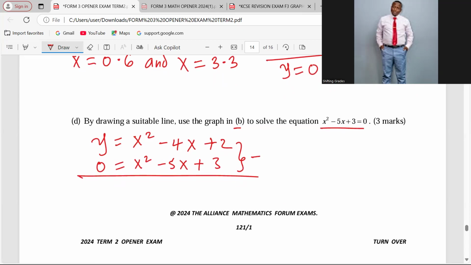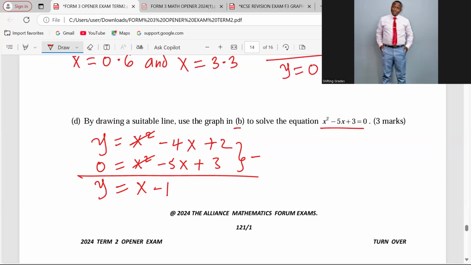So y minus 0 is just y. x squared minus x squared becomes 0. Negative 4x minus negative 5x becomes negative 4 plus 5, and it will be x. Then we have 2 minus 3, giving us negative 1.